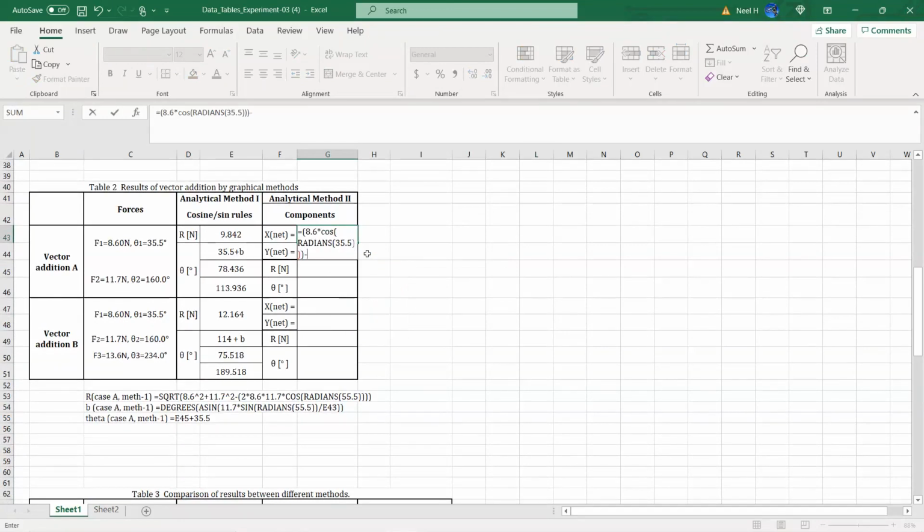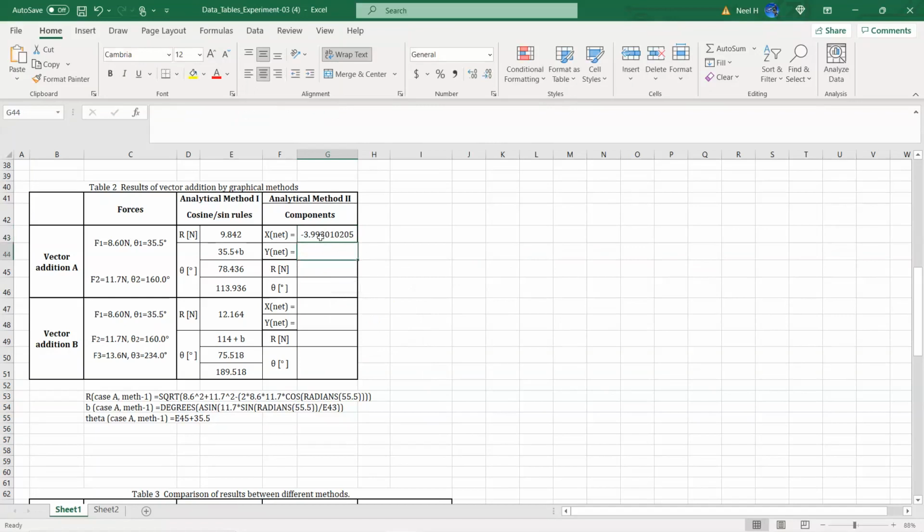Then minus parentheses F2 11.7 multiplied by cosine, parentheses, radian. I'm using the angle from the negative x direction, that is 20 degrees, close bracket for cosine, close bracket for the whole thing. Then hit enter, you will get the x component.